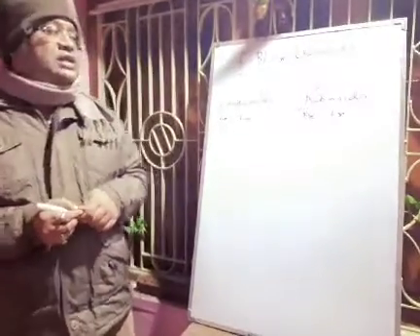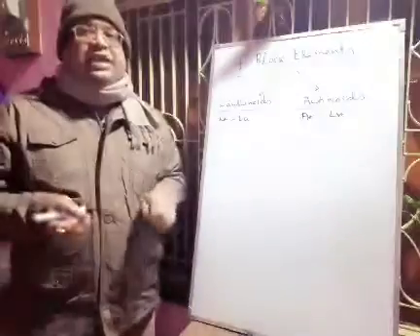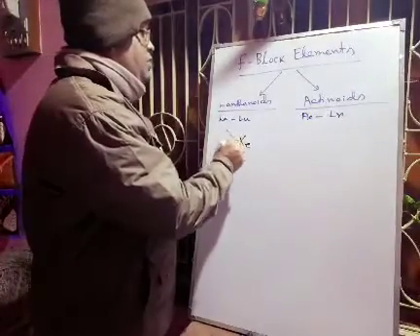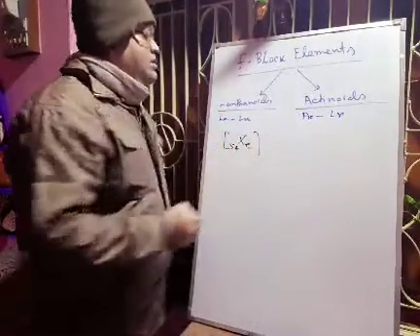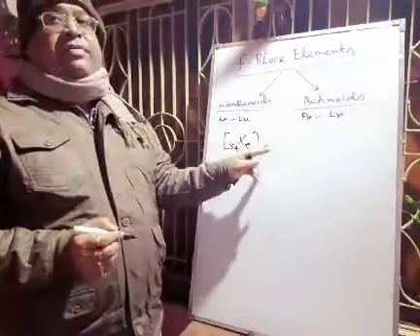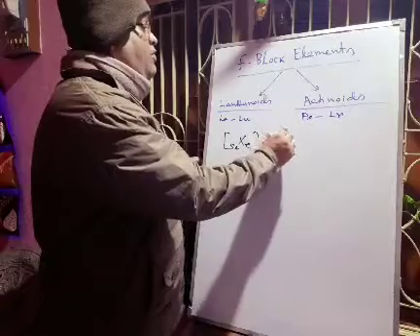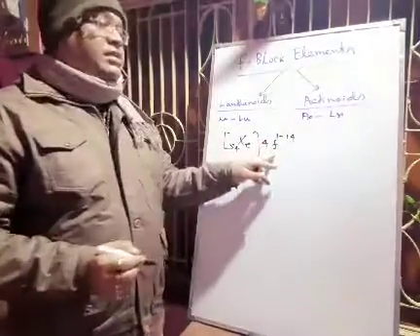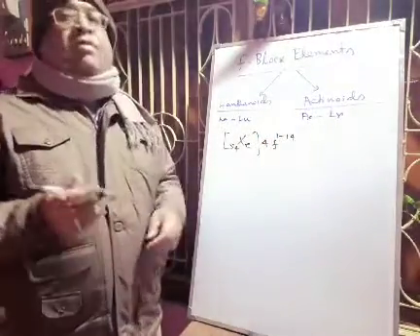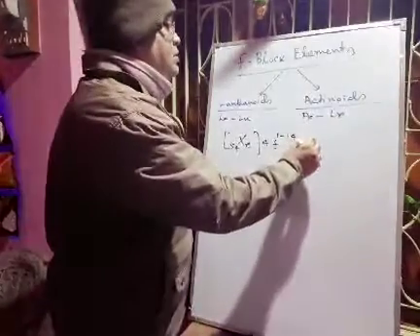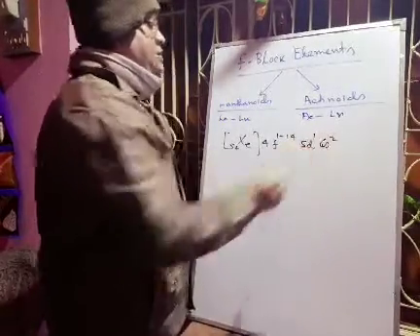If you look at the electronic configuration, their general electronic configuration will be xenon 54, then the f orbital will come. So f orbital will be 4f 1 to 14 because the f orbital can take maximum 14 electrons. Then it will be 5d1 6s2, like this.